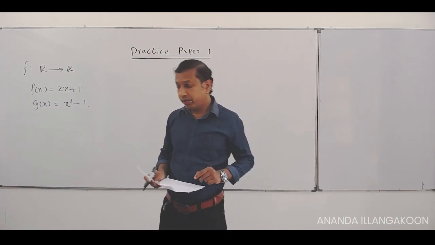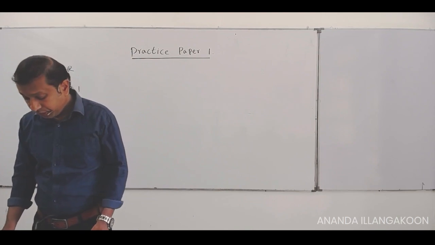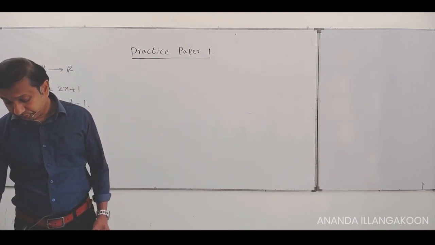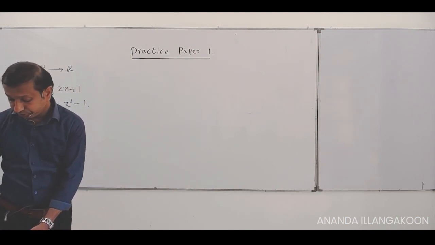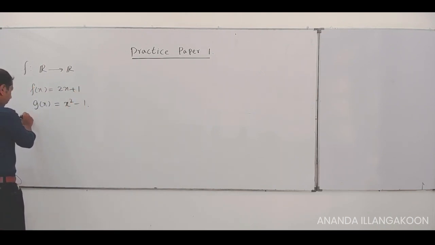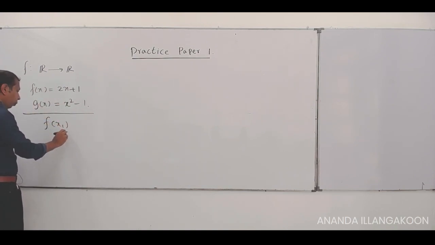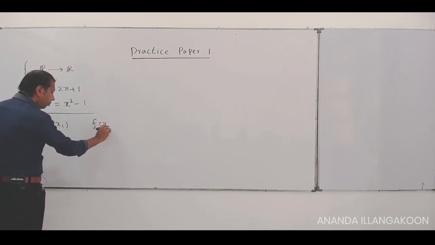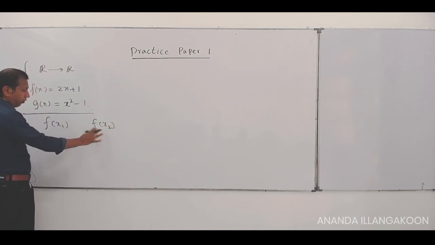That means we have to show one-one and onto. To show one-one, we have to show that f(x) is a one-one function. For this, we take two images, f(x1) and f(x2).